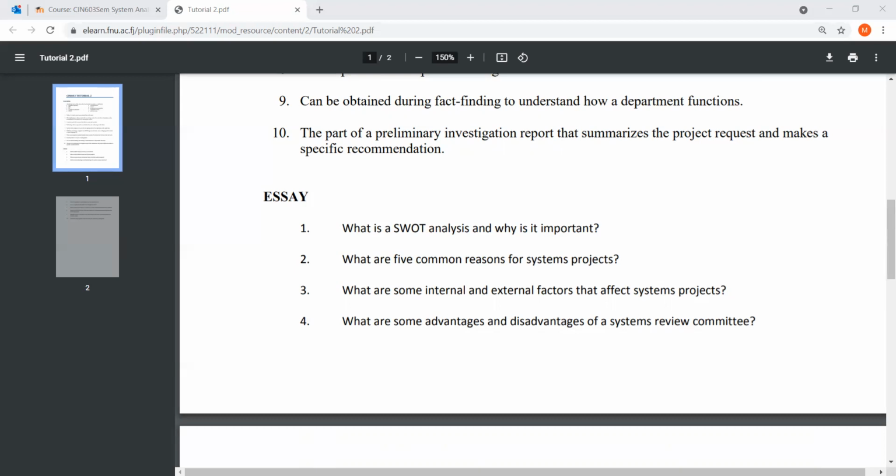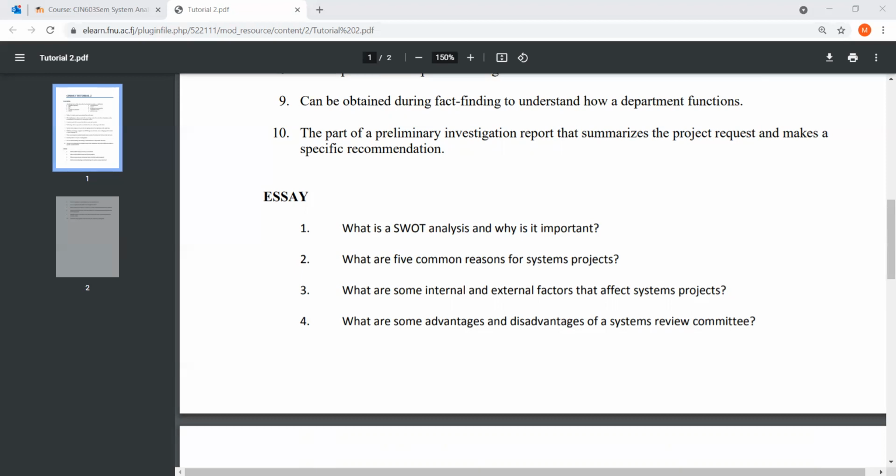Third one is support for new products and services. Fourth point is more information. Fifth point is stronger controls. And the 6th one is reduced costs. So those are the 6 reasons. Generally, it had asked for 5, but I have given 6.